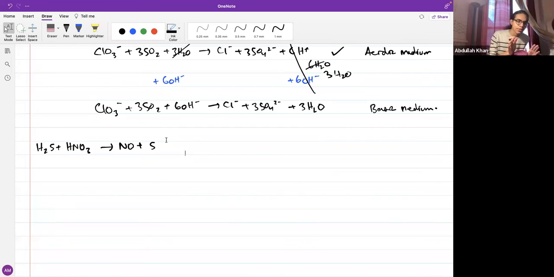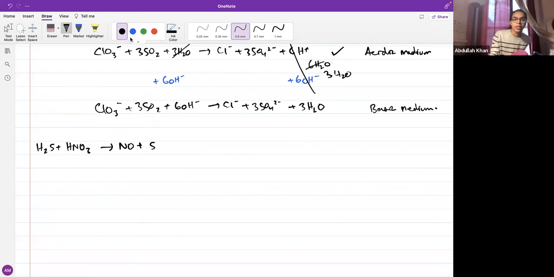Remember, oxygens and hydrogens are boring. You don't have to worry about them initially. I think this is where all the interesting action is happening, so I'm just going to focus on this. If you want, you can keep the water. It doesn't matter. And put that water either in the oxidation half or the reduction half. It will not change a thing. But I feel like this will be easier doing it this way.